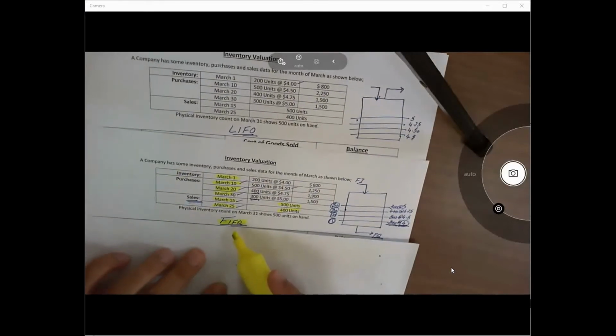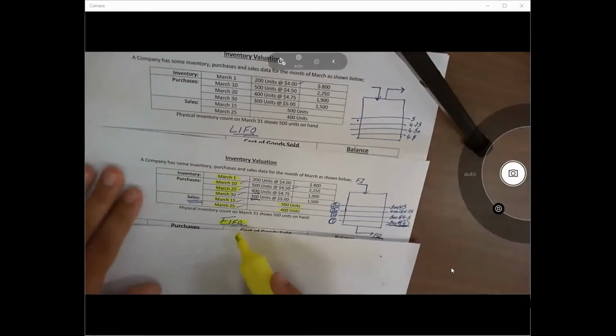For example, dairy products, or pharmacy medicines which have expiry dates, and because they have an expiry date, there is a chance that they can expire quickly. So the sellers and producers like to sell first those inventories which they purchased first. So FIFO is used mostly in those businesses.